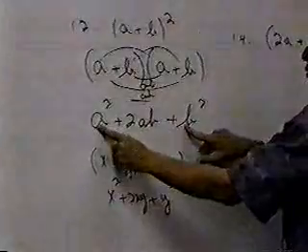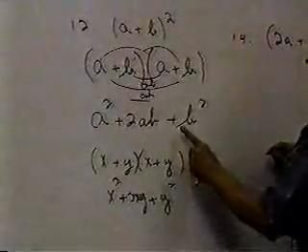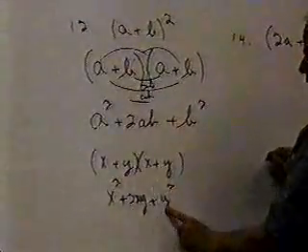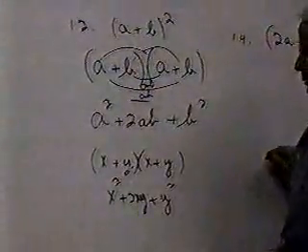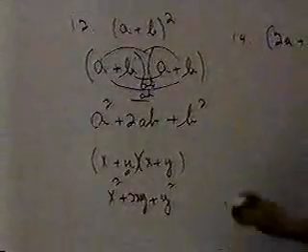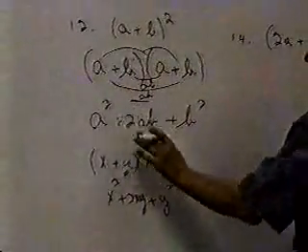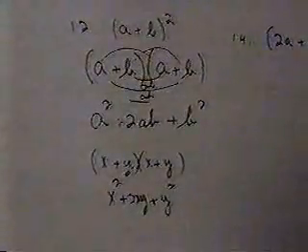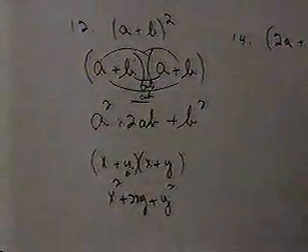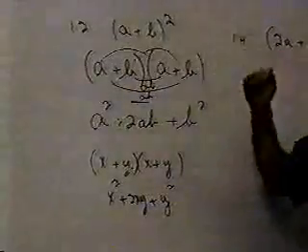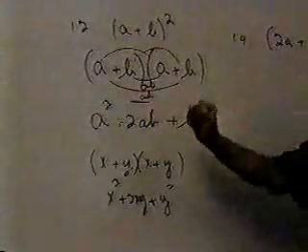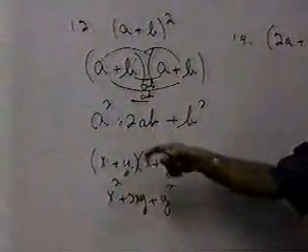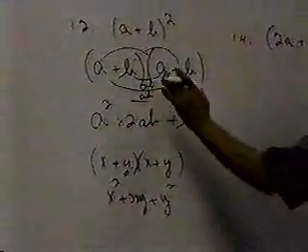So it's the first one squared, a squared, last one squared, and then a times b doubled. Notice, x squared, y squared, x times y doubled. And if this is a minus, it'll be a minus in here. Okay. If you just pick up on that, it saves you some work. Let me show you another example.